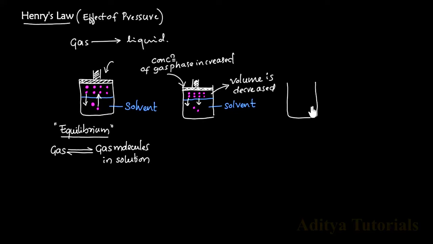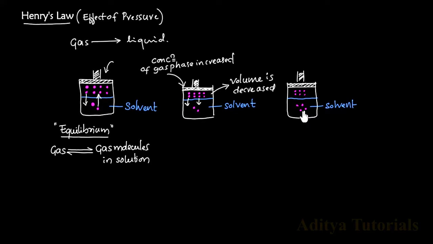This is the same container containing water or any kind of solvent, and the piston position remains the same, that is compressed. But you check the number of gas molecules present here. Some gas molecules get dissolved.